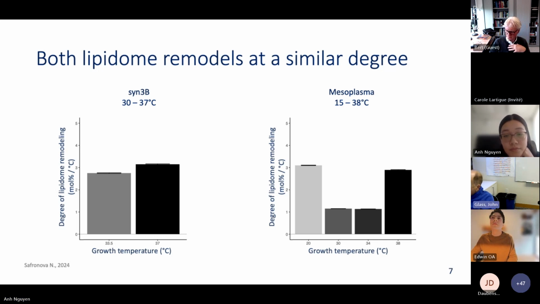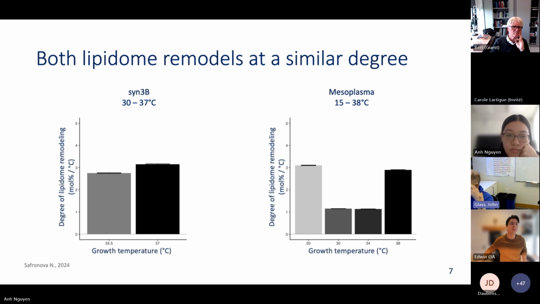And then the other question: we know that the wild type Mycoplasma mycoides has to live in the upper respiratory tract of a goat at, say, 30 degrees, and the lower respiratory system at 39 degrees. And there are likely a number of transcriptional regulatory differences between 30 and 39 degree growth.